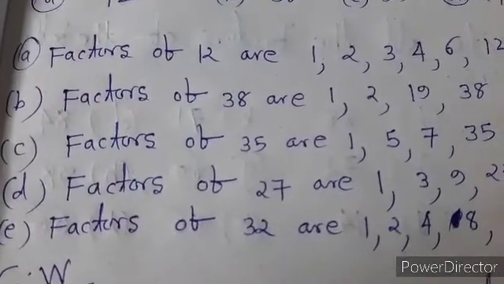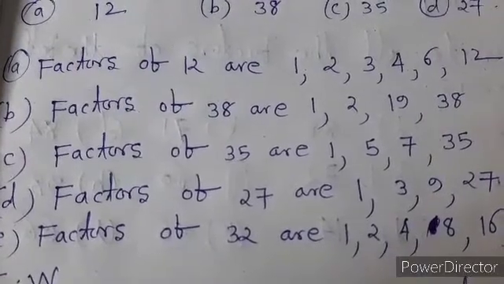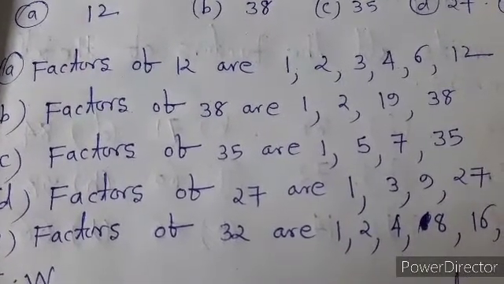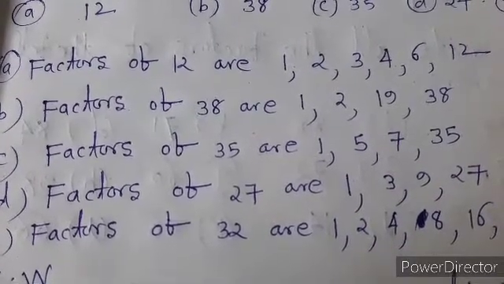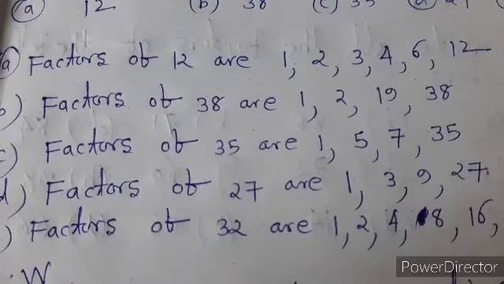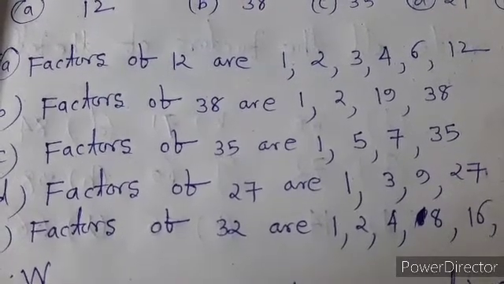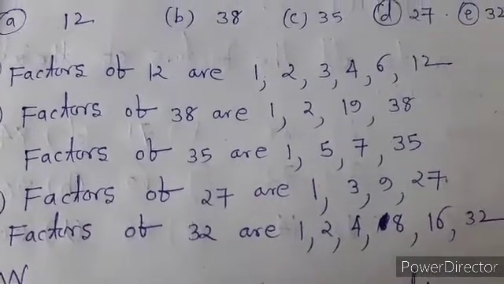Factors of 35 are 1, 5, 7, 35. Factors of 27 are 1, 3, 9, 27. Factors of 32 are 1, 2, 4, 8, 16, 32.